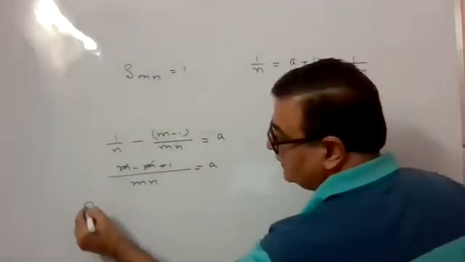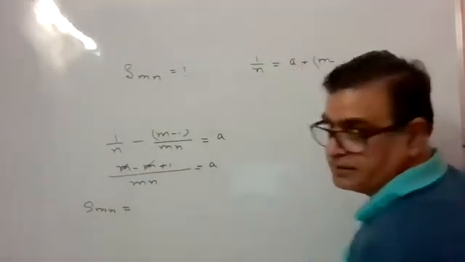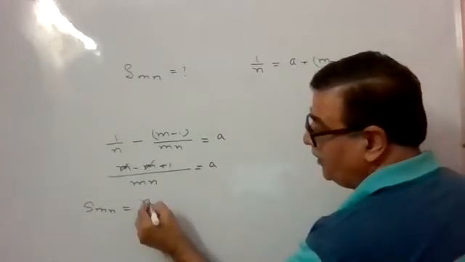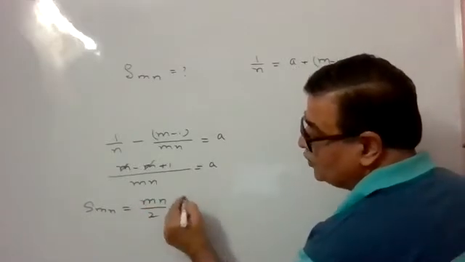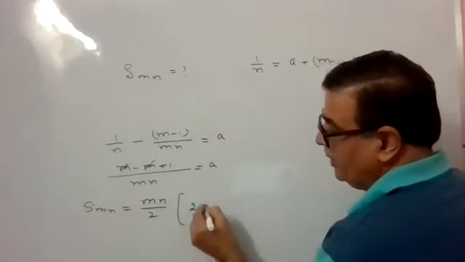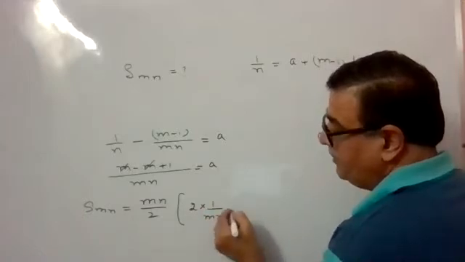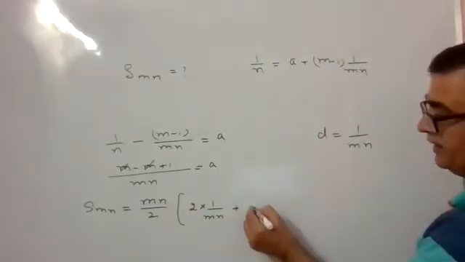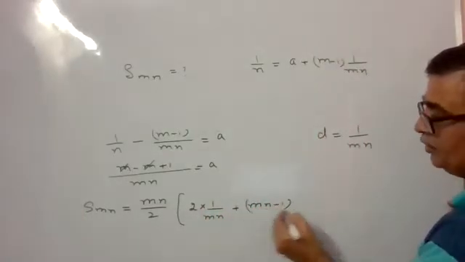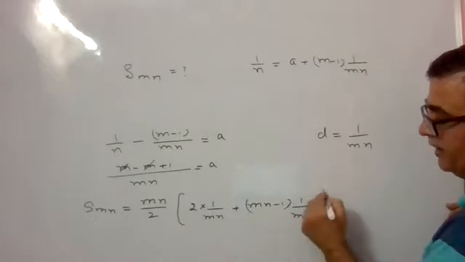And now they are asking sum of mn terms. So when you want sum of mn terms, it will be mn by 2 into 2a, 2a means 2 into 1 by mn plus mn minus 1 into d, d will be 1 by mn.